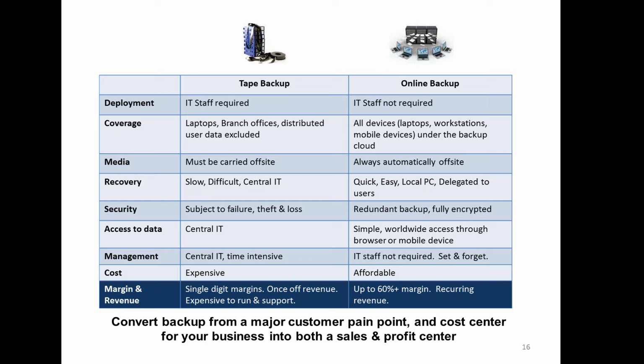Really, only central IT has access to the backups, whereas with online backup, you get this whole new world of functionality around global roaming access. So, as long as you set it up with the appropriate permissions, users can access their data from anywhere, including from an iPhone if they want to. Tape backup is very expensive, as we saw on the previous slide with the cost example, compared to online backup.